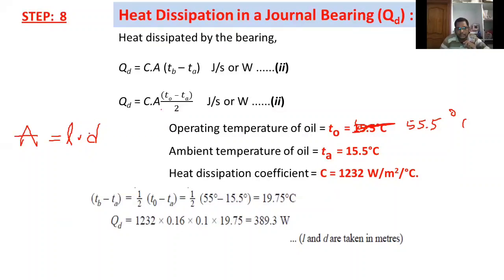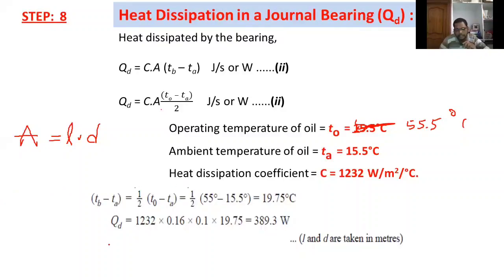The diameter of the shaft is given in the problem. So d equals 100 mm and l equals 160 mm, but you have to consider these two values in meters. So l equals 160 mm equals 0.16 meter, and d equals 100 mm equals 0.1 meter. So by substituting these two values, we got the value of Qd.